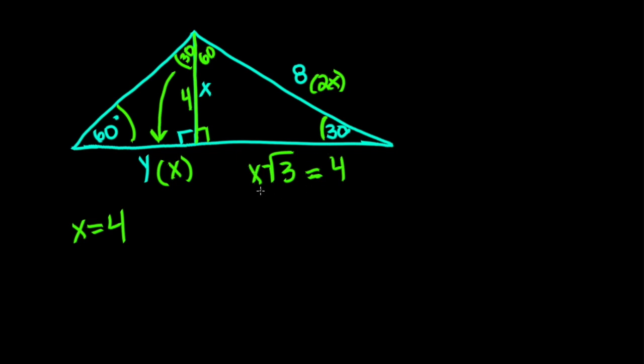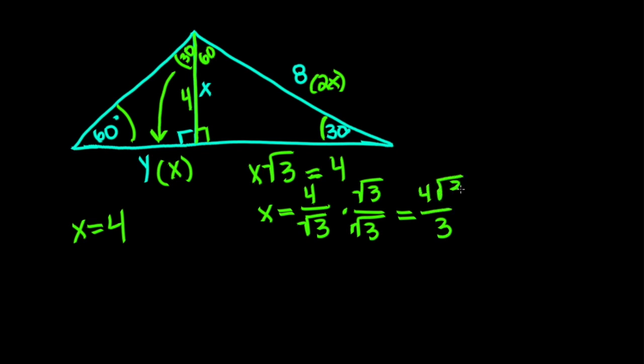So the first thing we need to do is divide both sides by the square root of 3. So x is going to equal 4 divided by the square root of 3. But since we can't have a square root in the denominator, we're going to rationalize it. To do this, we just multiply by the square root of 3. And that is going to equal 3 on the bottom and 4 times the square root of 3 on the top.